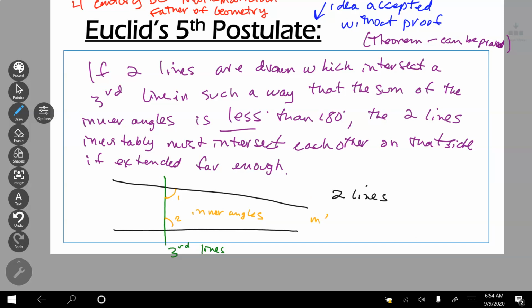Since the measure of angle 1 plus the measure of angle 2 is less than 180 degrees, the two lines will intersect. On the other side, these angles are bigger than 180, but together these are 180. Okay, on the next page there'll be a better diagram.